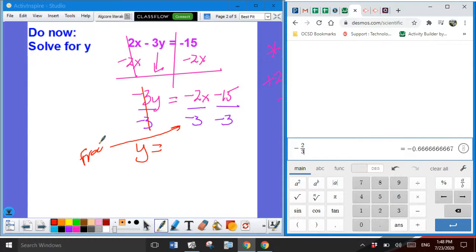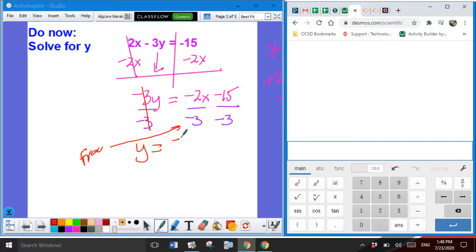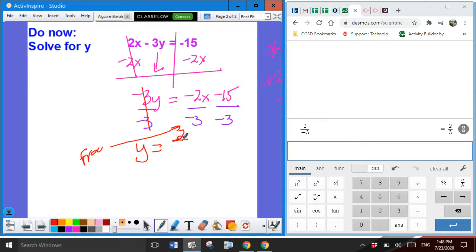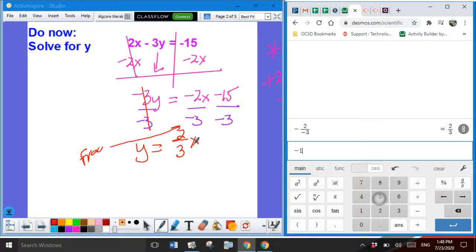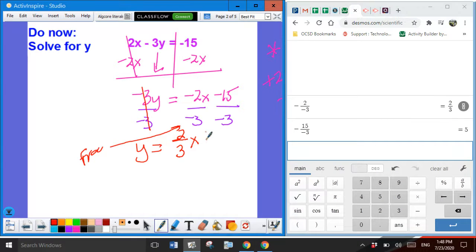That's a positive 2/3 because I lost a negative. So +2, +3, there's my x. And -15 divided by -3 gives me 5, which is a +5. So I have y equals 2/3 x plus 5, and this is done.